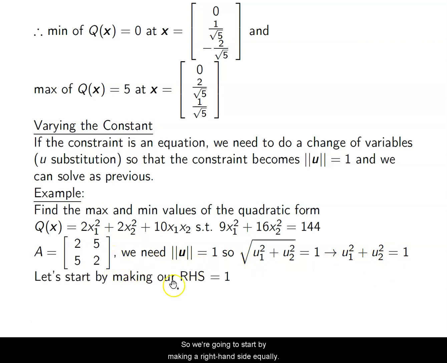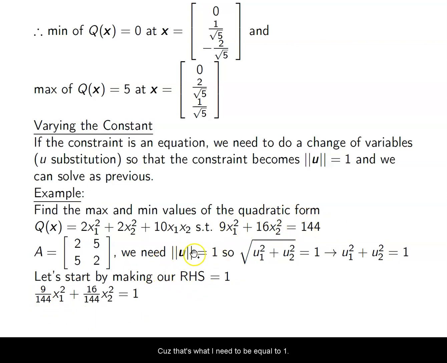So we're going to start by making our right-hand side equal 1, okay? So I'm going to take my constraint, because that's what I need to be equal to 1. And in order to make it equal to 1, I'll divide everything by 144. So now if you look at this, this looks more like what you would be used to when you're talking about an ellipse, right?